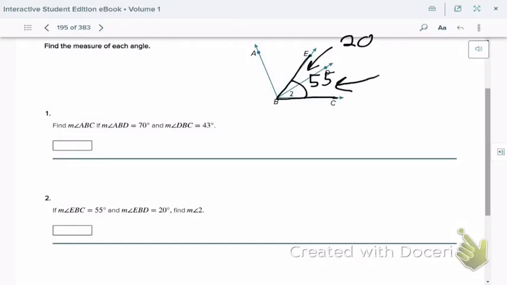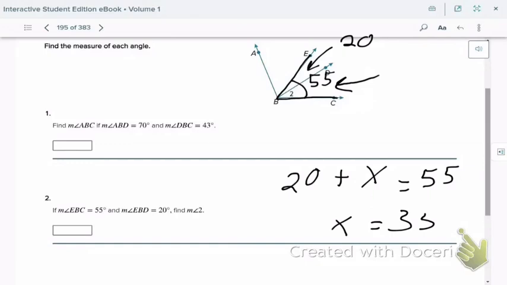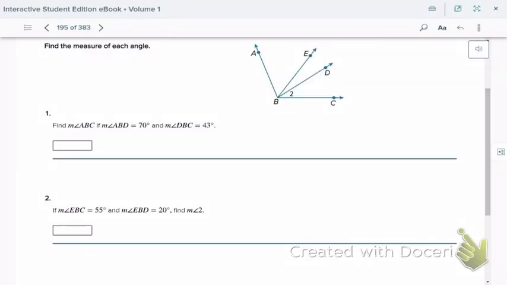The whole thing's 55, and part of it's 20. The other part would be? 35, yeah. So the idea is it's 20 plus something. I don't know what that something is. Subtract 20 and we get that unknown equal to 35. We got it? Moving on.